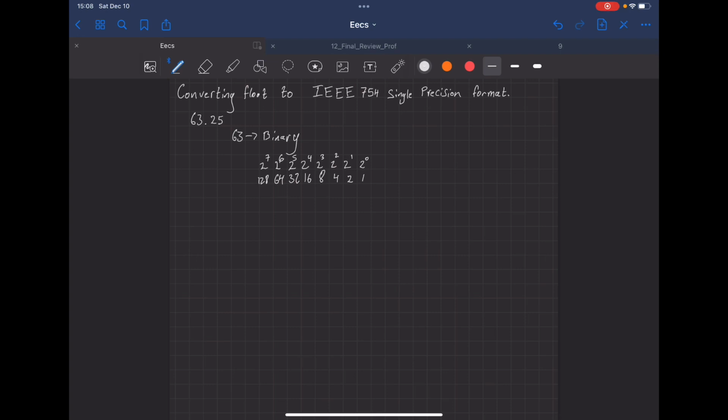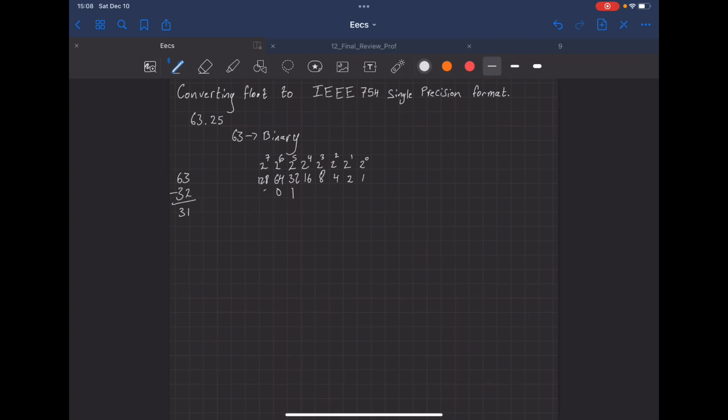All right, now that we know that, we're going to take 63, and we can notice that 32 goes into 63, so we subtract 32 and we're left with 31. Since 32 goes into 63, we put a 1 there.